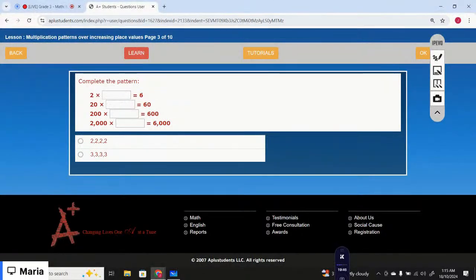Complete the pattern. 2 times what number is 6? 20 times what number is 60? 200 times what number is 600? And 2000 times what number is 6000?